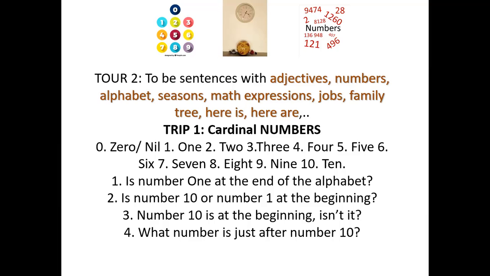I am Mustafa Bayrak here, and this is our first trip of the second tour. As you see, it will be about the numbers: cardinal numbers and ordinal numbers. Cardinal numbers are those normal numbers that everybody knows, starting with 0 or nil, nothing.